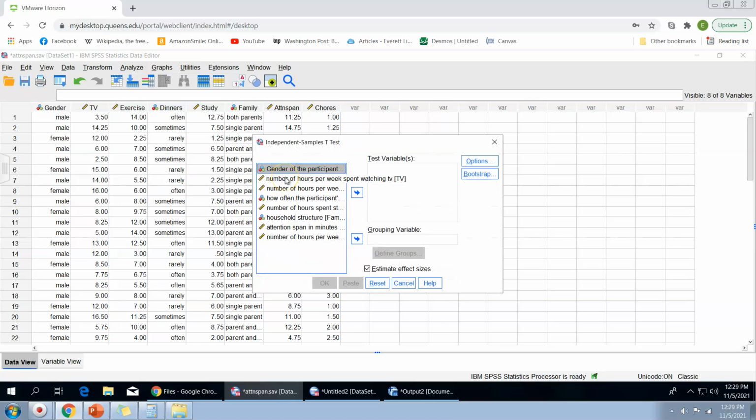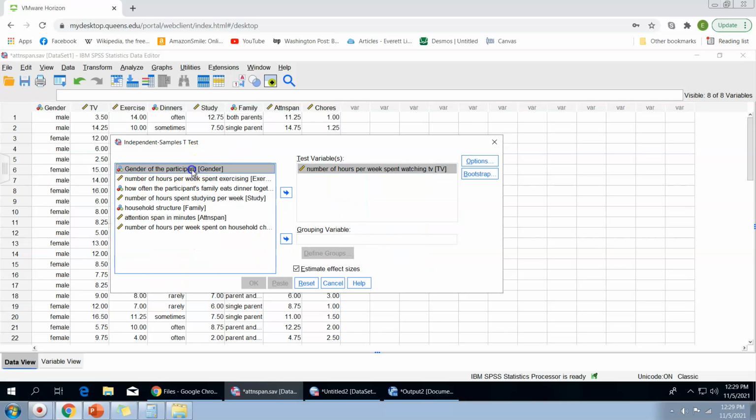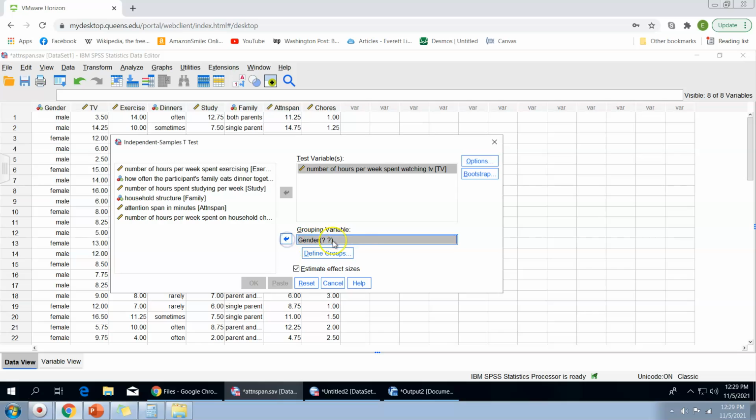And the variable we're interested in looking at is the number of hours per week spent watching TV, so that's our test variable. Our grouping variable we said was the gender. We're comparing across genders, so we're putting that over there. And you see these question marks here, that's telling us that it's waiting for us to define groups.